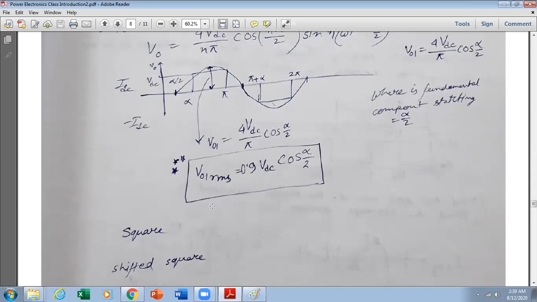So here the fundamental RMS value should be equal to 0.9 VDC into cos alpha by 2.